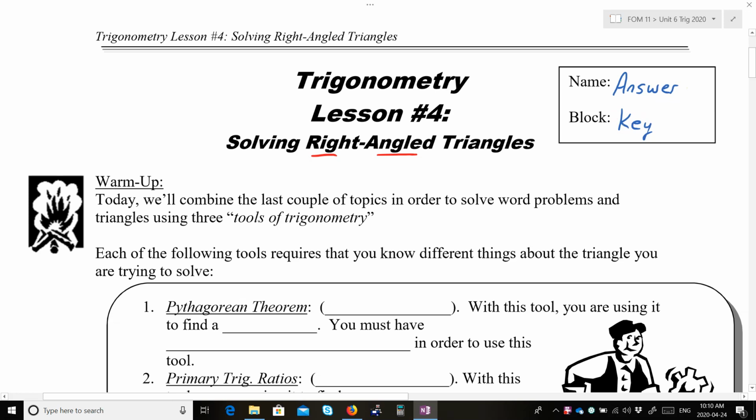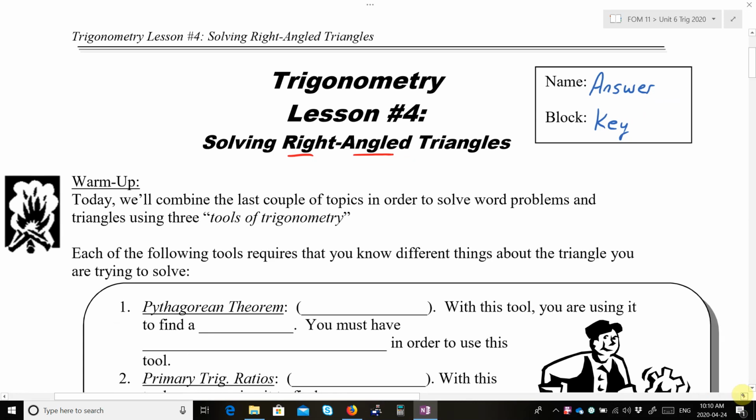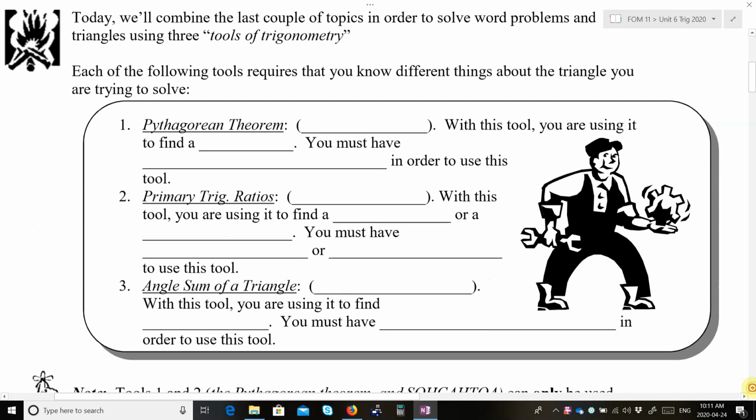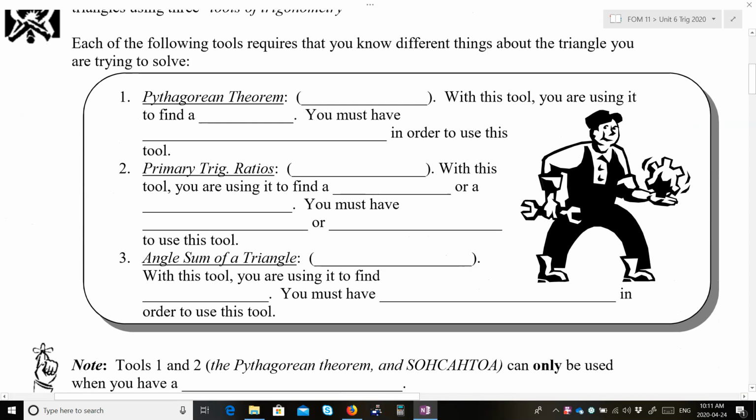And here's the warm-up. Today we'll combine the last couple of topics in order to solve word problems and triangles using 3 tools of trigonometry. Each of the following tools requires that you know different things about the triangle you are trying to solve. So the first tool is the Pythagorean theorem, and that says that c squared is equal to a squared plus b squared.